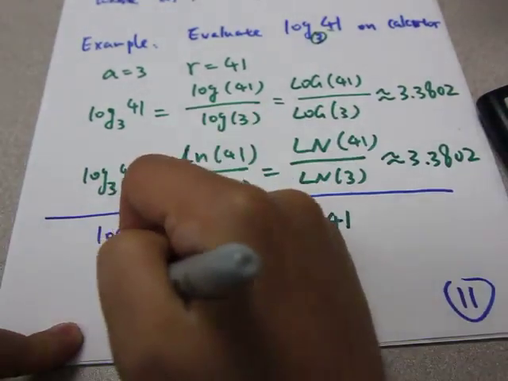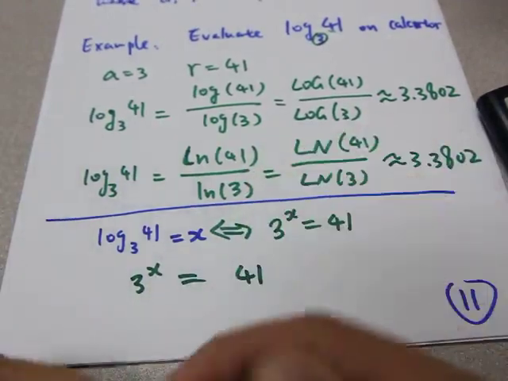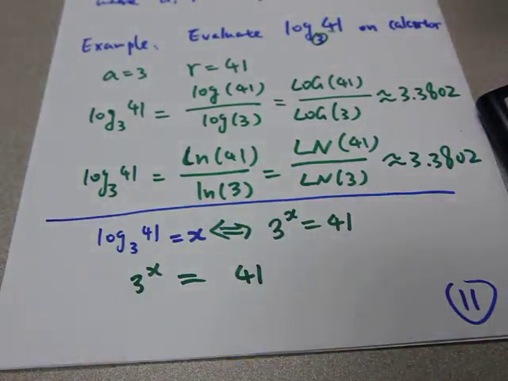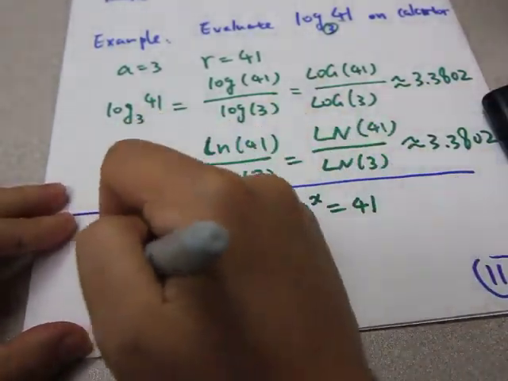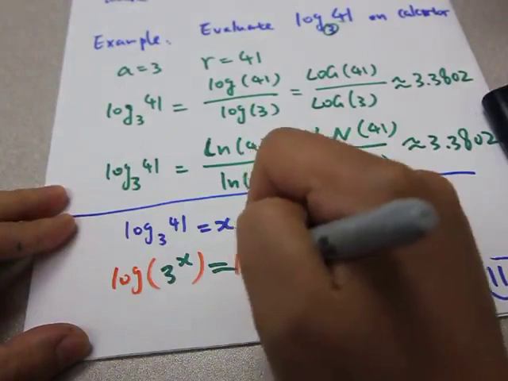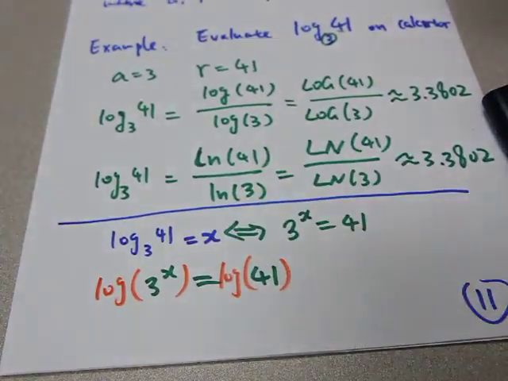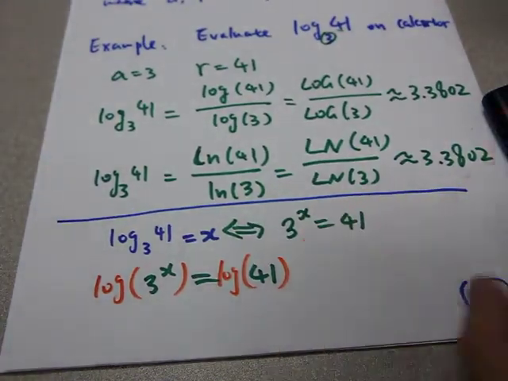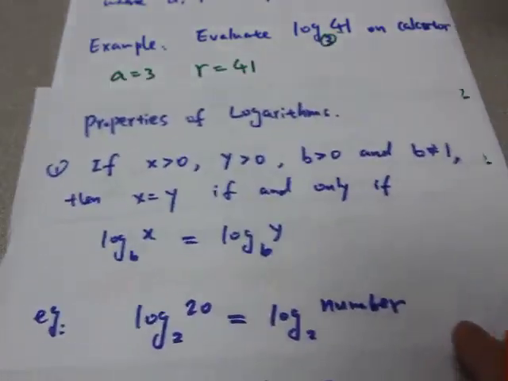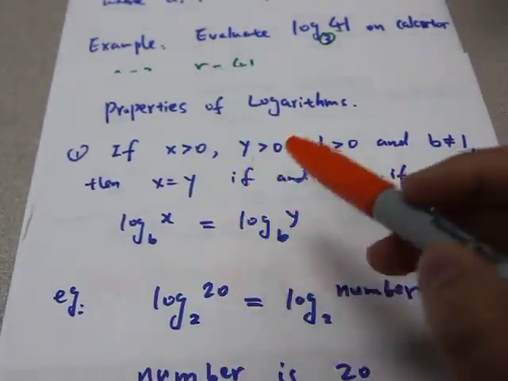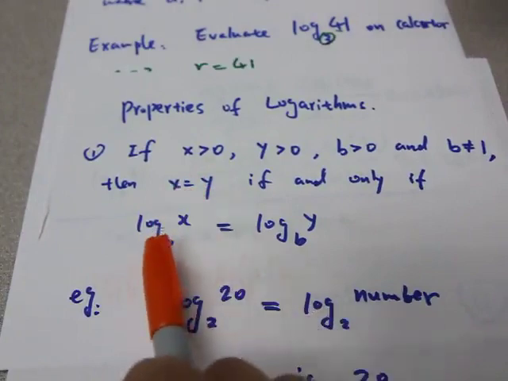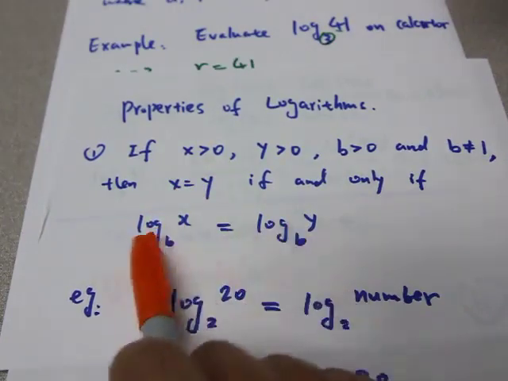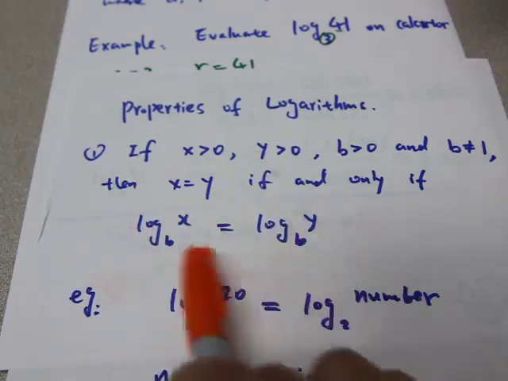Now, if I apply a logarithm on both sides, for example the common logarithm, how can I do this? Because of the first property we saw before: if these two numbers are the same, then when we apply the logarithm with the same base, the result is going to be the same.